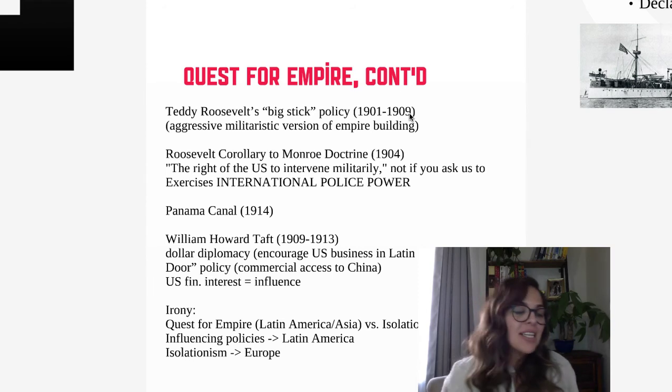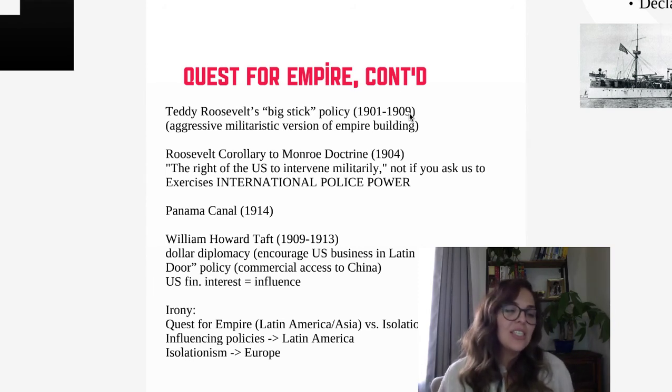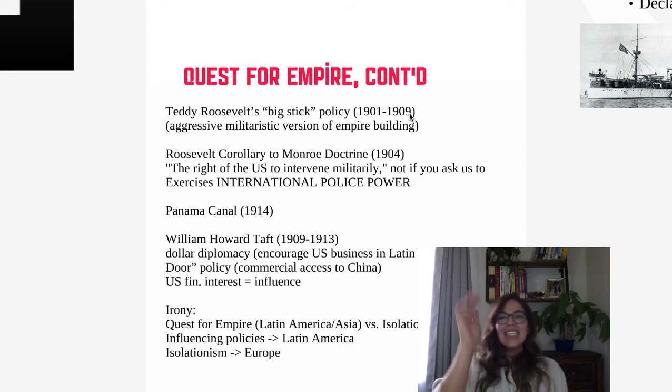I mean, the fact that it's a big stick policy should give you a clue as to what a phallus is, okay? He sees this as the same for other nations as well. When he's talking about this big stick policy, a real nation, in his opinion, is one that goes out and makes things happen. So take that into consideration when thinking about who Teddy Roosevelt is moving forward.